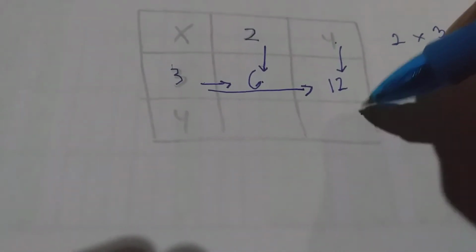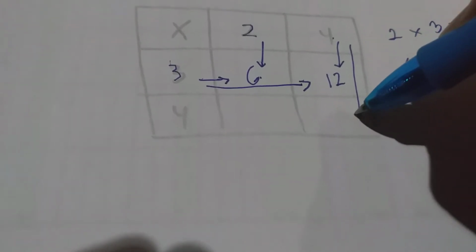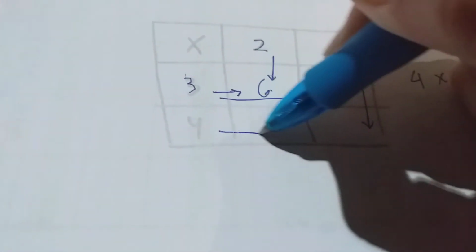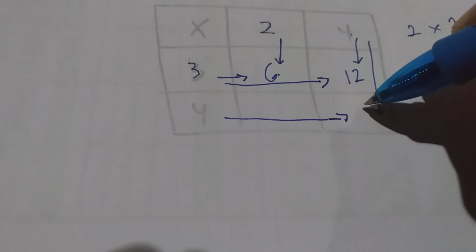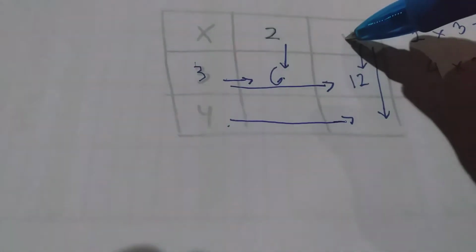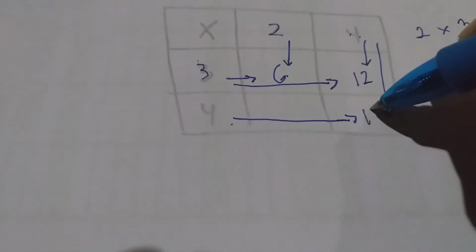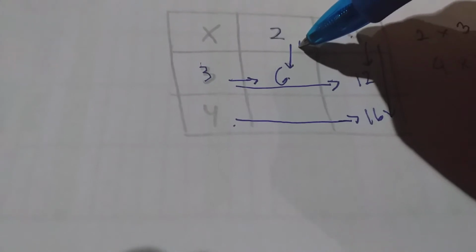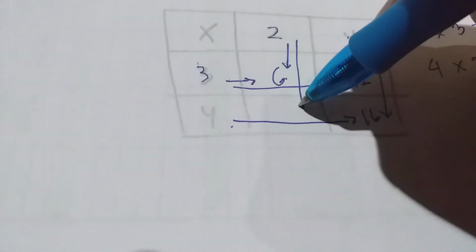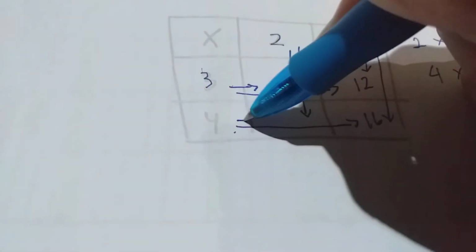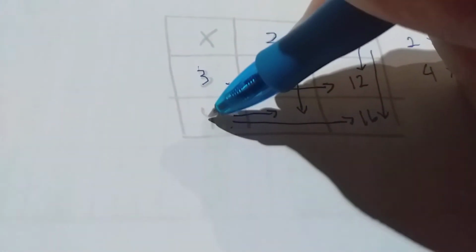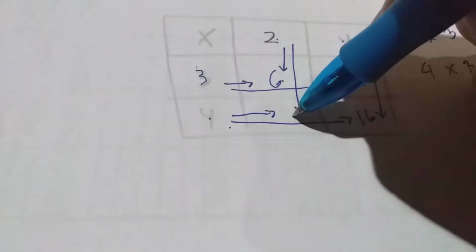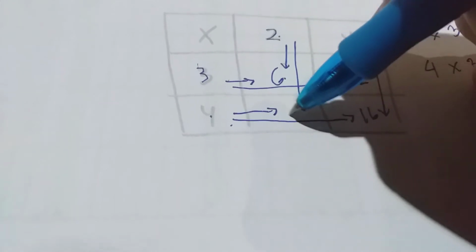And here for this square, you will meet 4 and 4. It becomes 4 times 4 becomes 16. And here you will meet number 2 and number 4. So 4 times 2 becomes 8.